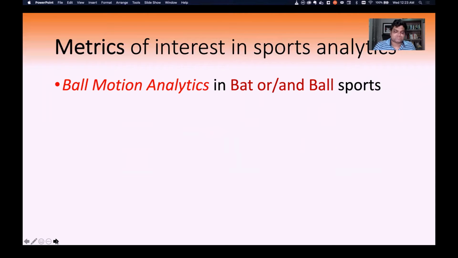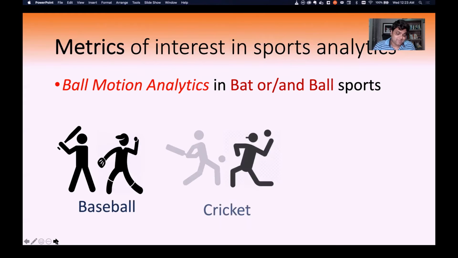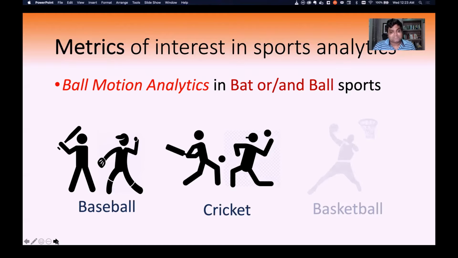In sports analytics there are different kinds of motion, but one of the interesting ones we can look at is ball motion information. We can use that to provide different kinds of analytics in bat or ball sports. Examples are baseball, cricket, and basketball.